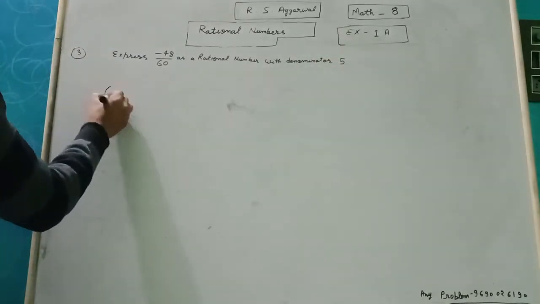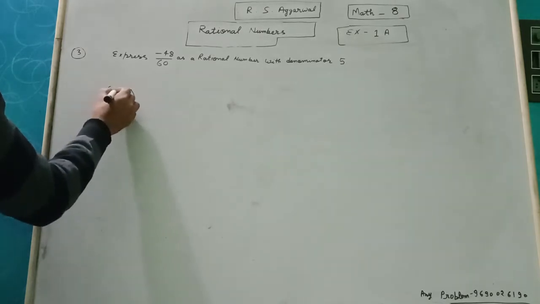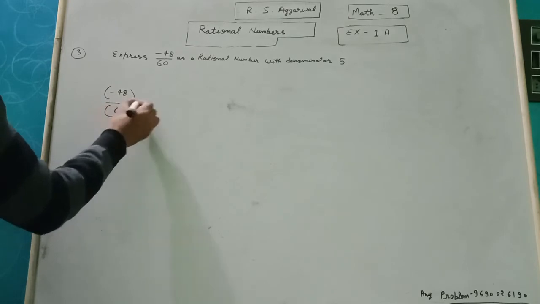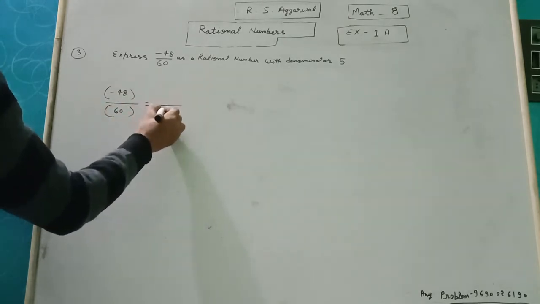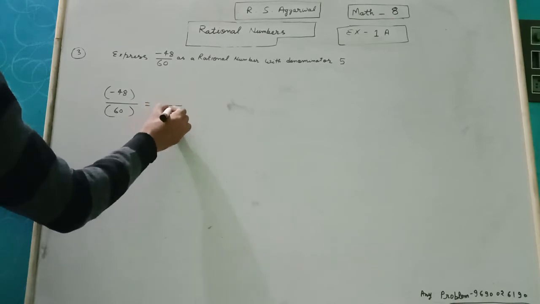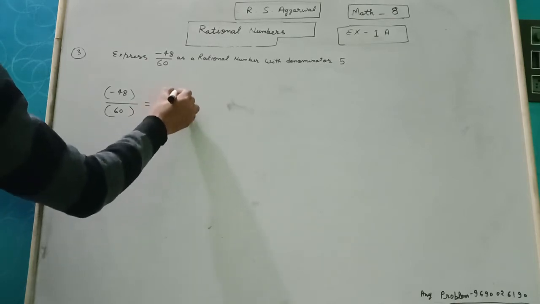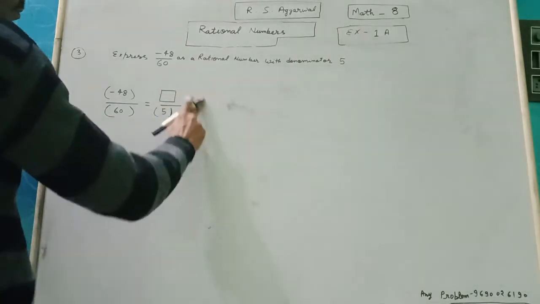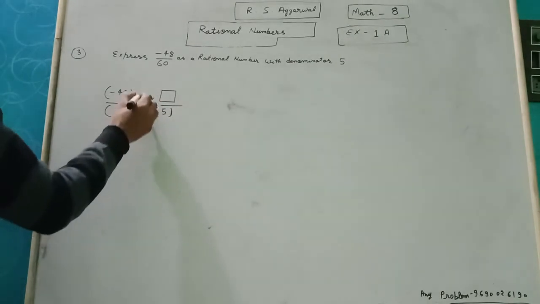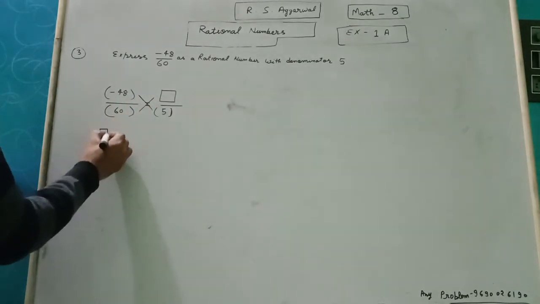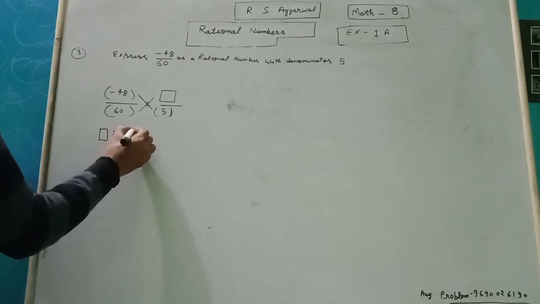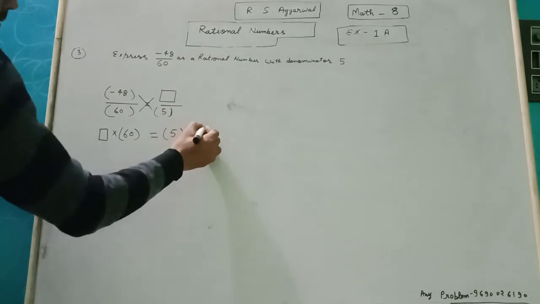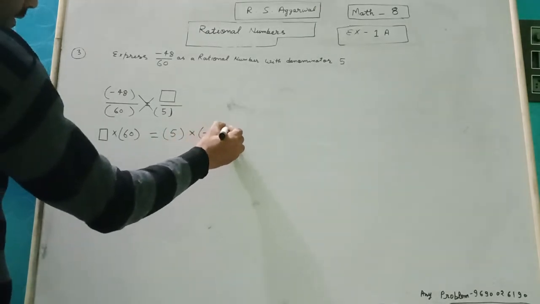So write this form with bracket upon 60 is equal to 5 in bracket, numerator is box. After cross multiply, box into 60 is equal to 5 into 48.